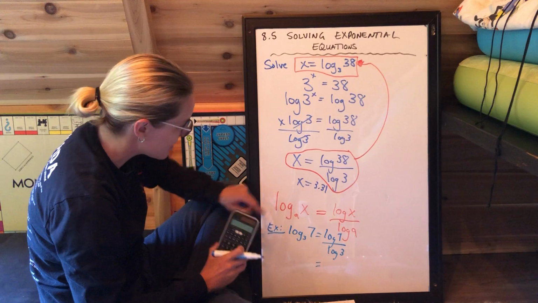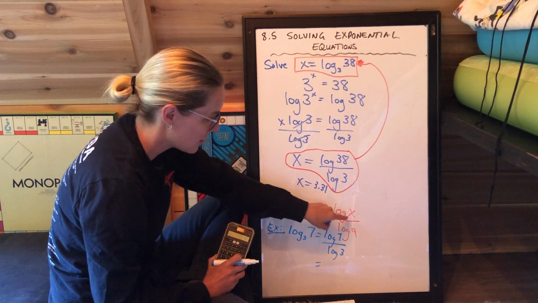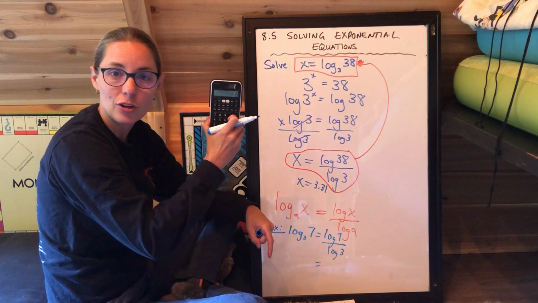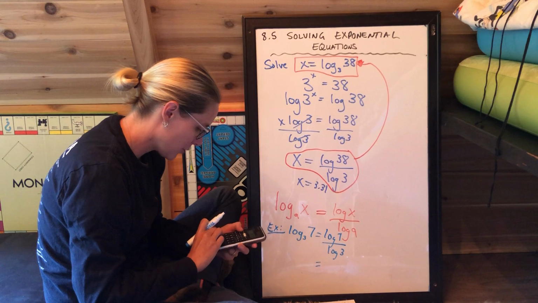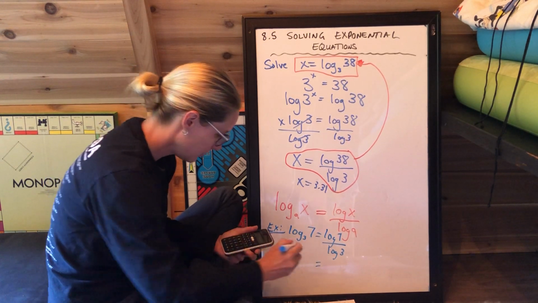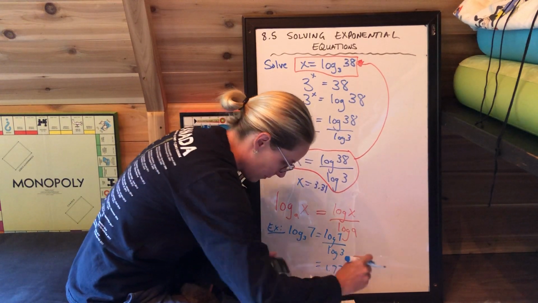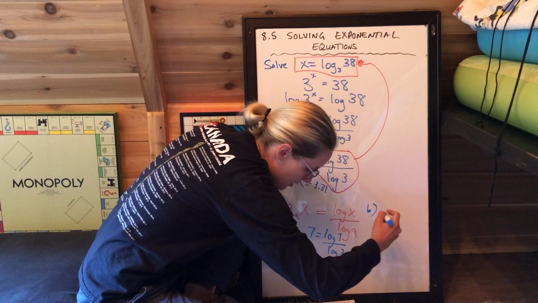This is key to allowing us to take any base log and turn it into the common base and solve on our calculator. So you can do any of these questions now. If you just do log of 7 divided by log of 3, you get 1.77. Okay, and then the last one of similar nature, just to see it again.